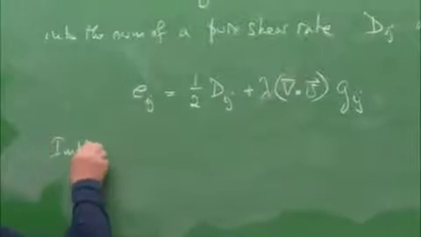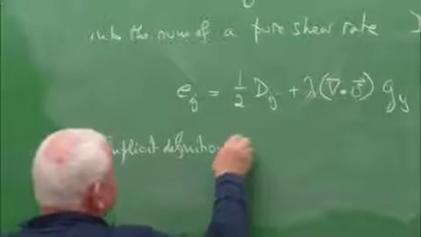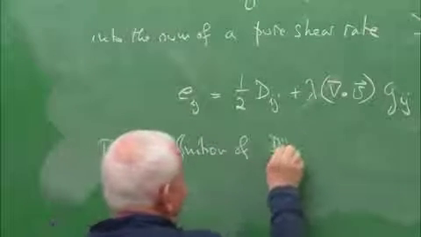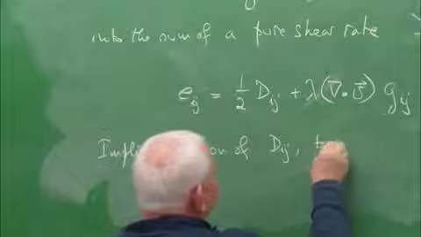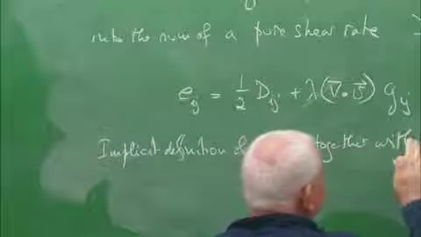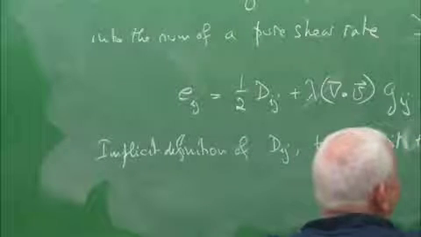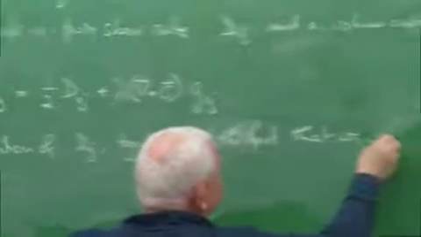This is an implicit definition of dij, together with the fact that we want Dij to be a pure shear, and so dii must equal naught. So these two equations together define the d that we're looking for.